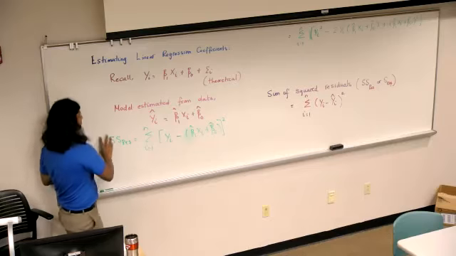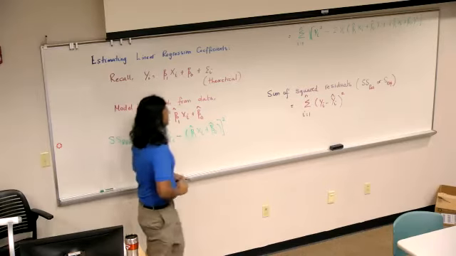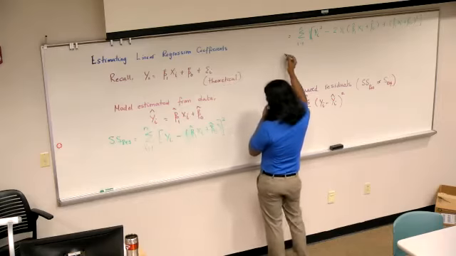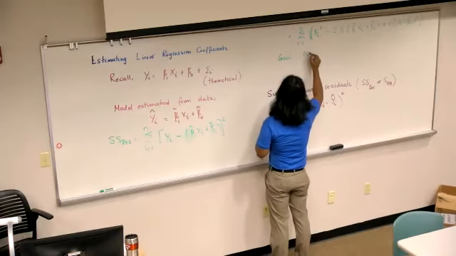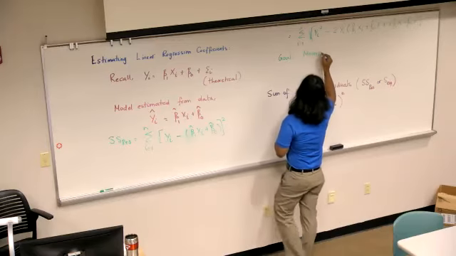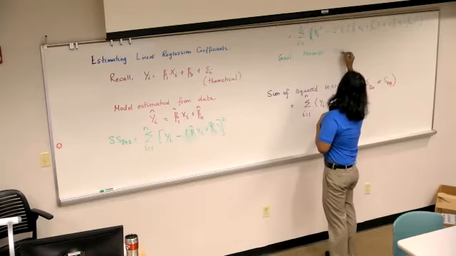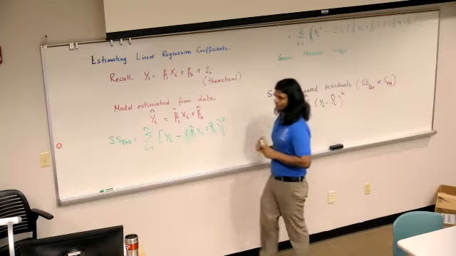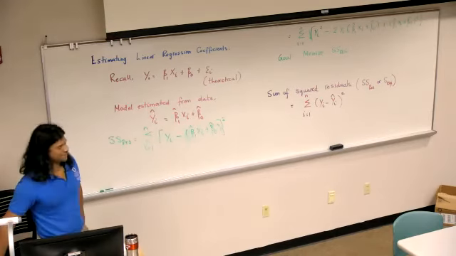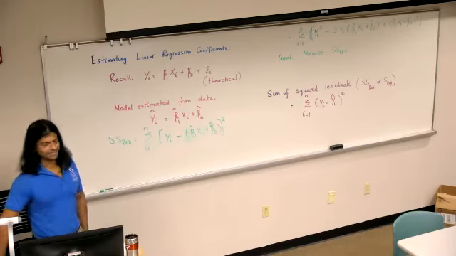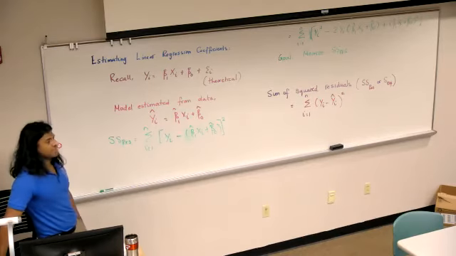In other words, we want to minimize the value. Going back to calculus 1, how do we minimize something?